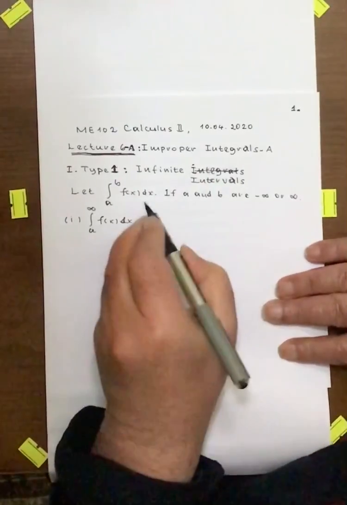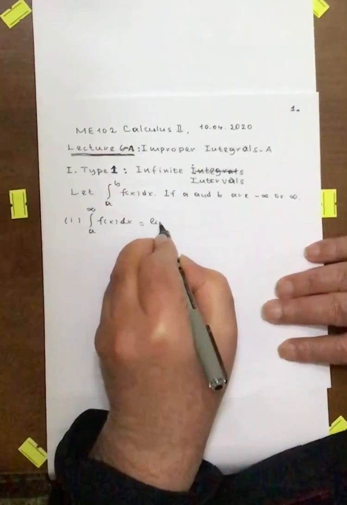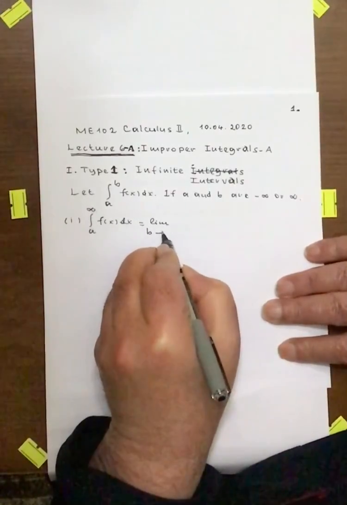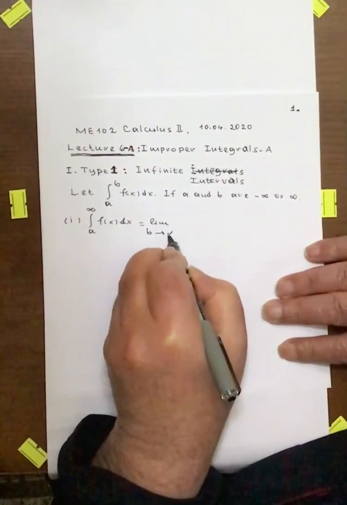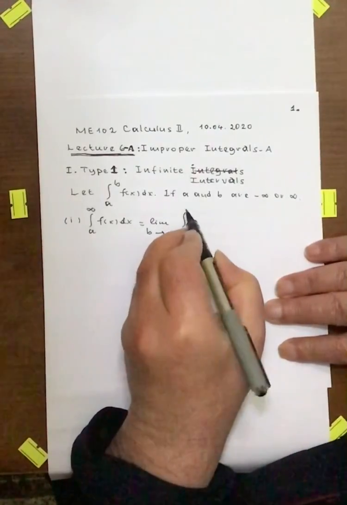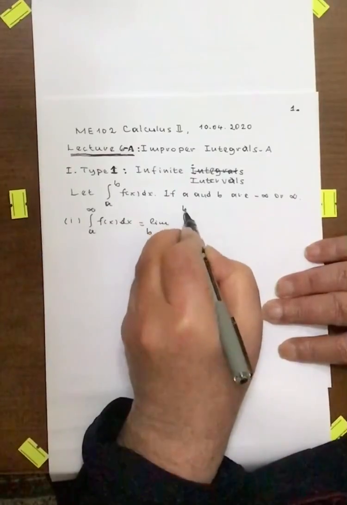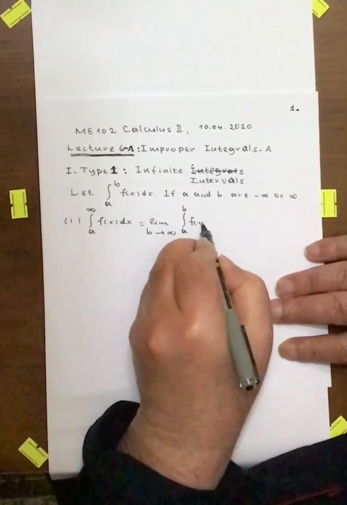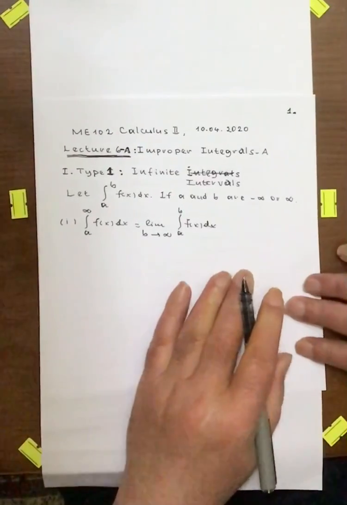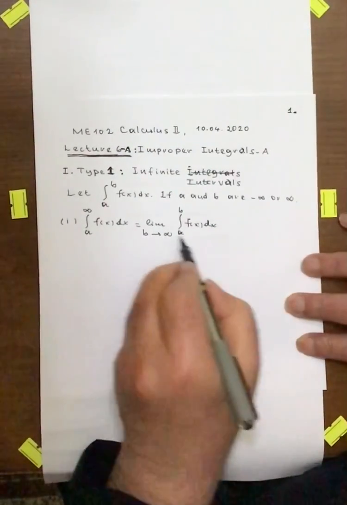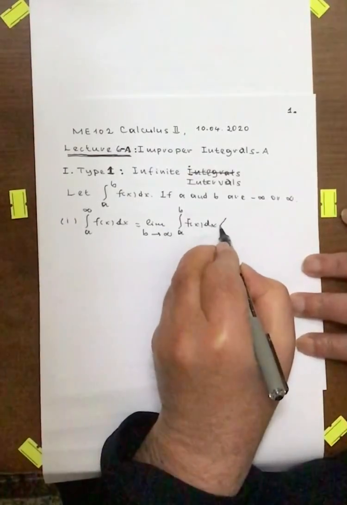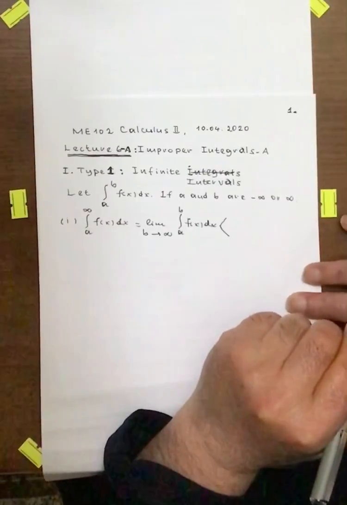This is equal to limit b approaches infinity integral from a to b f of x dx. Okay, now for this term we have 2 possibilities.